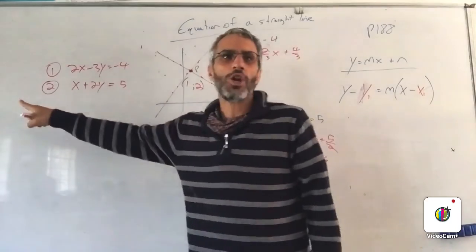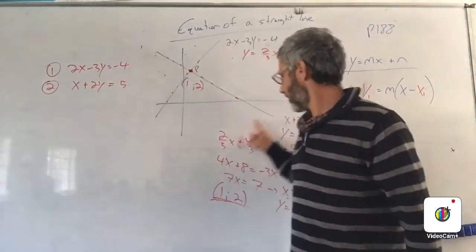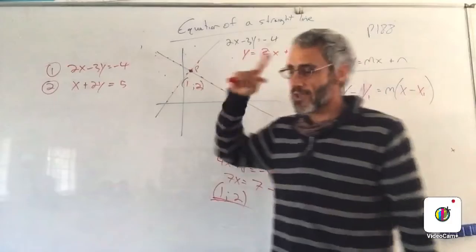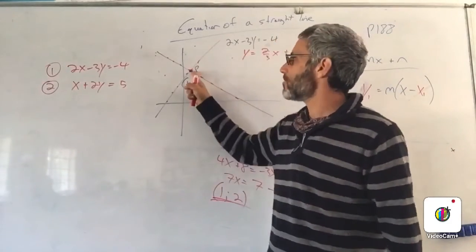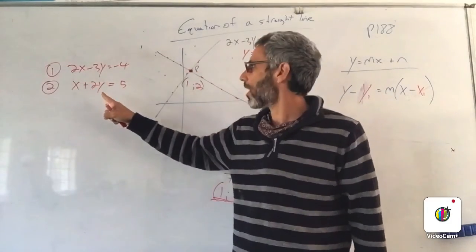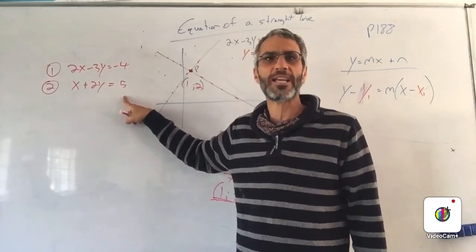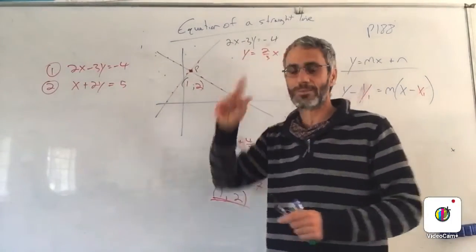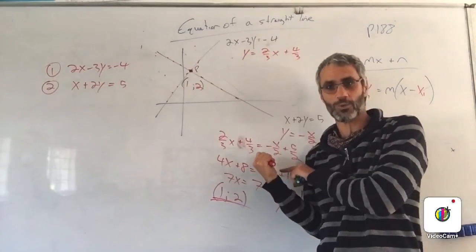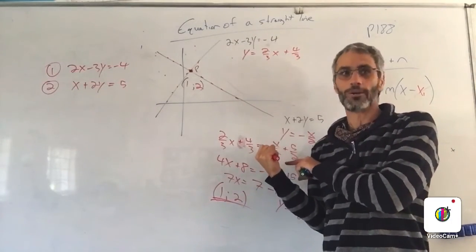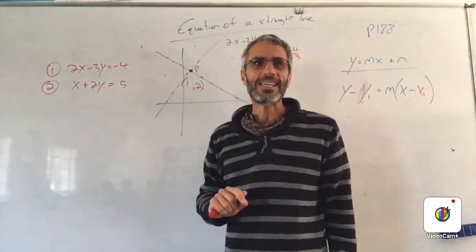Look, I'll show you how I do it much quicker than this way. If you understand that at point P both of these equations work, then I wouldn't use substitution, which is really what we did, and which is long. Elimination is easier.